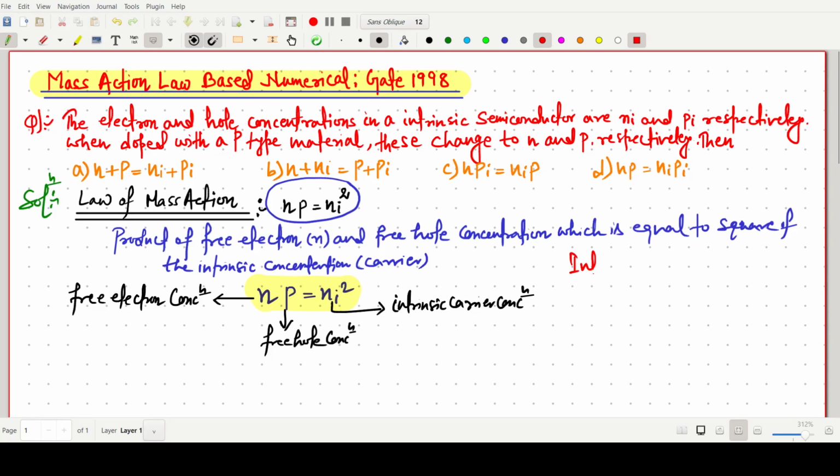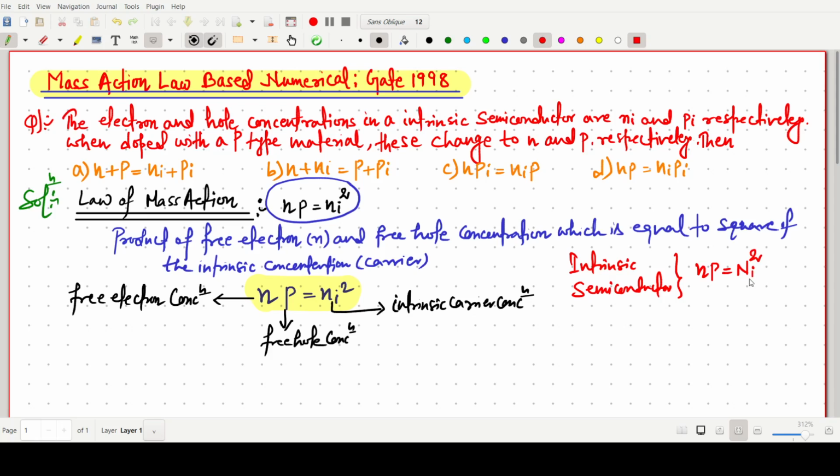So if we write it for the intrinsic semiconductor, we can simply write N into P equals Ni square.